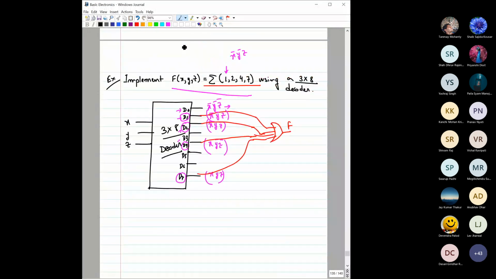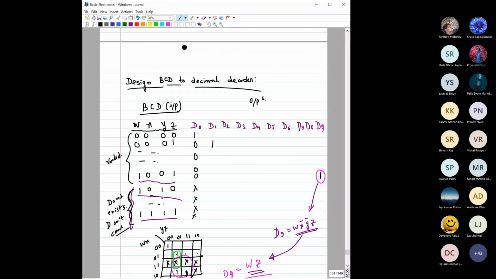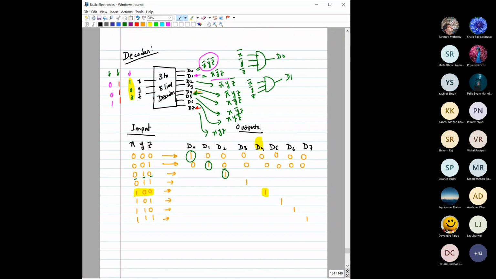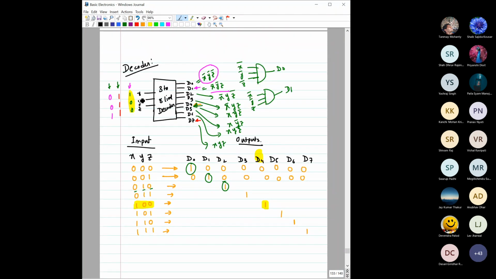Here it was a 3 to 8 line decoder. You have 3 inputs, and depending on the binary value that you give at these inputs, one of the lines will be selected. For example, if you give 100, which is basically 4, then D4 will be selected. If it is 111, then D7 will be selected.